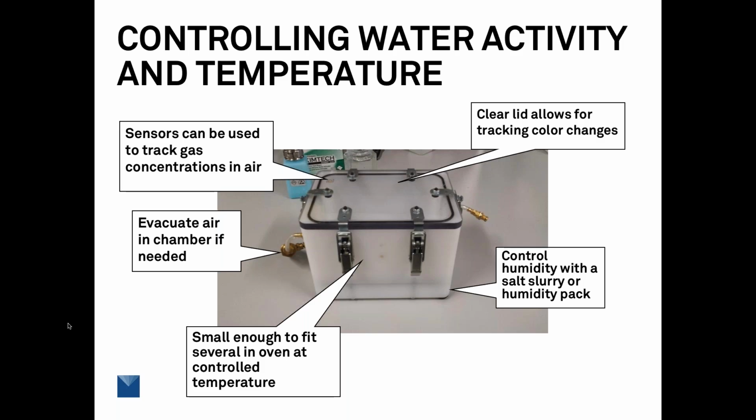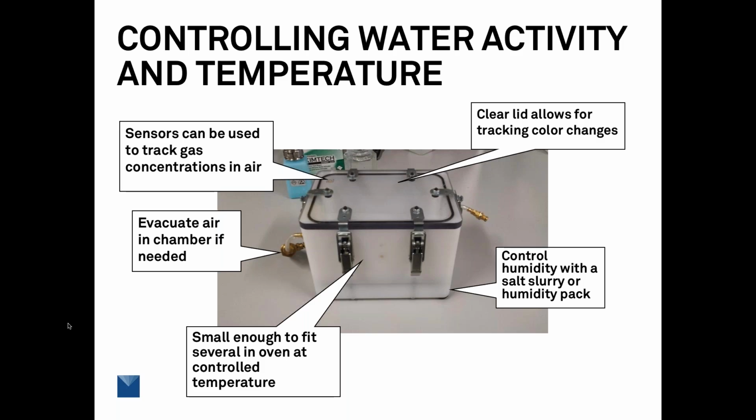We do modify it slightly by putting an RH sensor inside of it in order for us to be able to track the humidity conditions inside of the chamber to make sure that they're not changing or that the slurry is still effectively controlling the water activity.